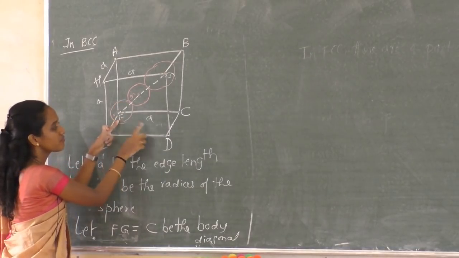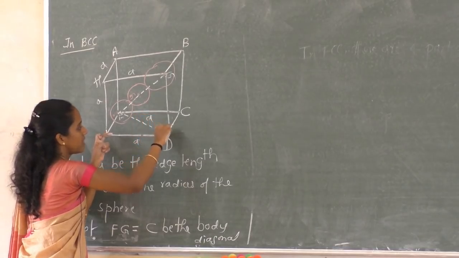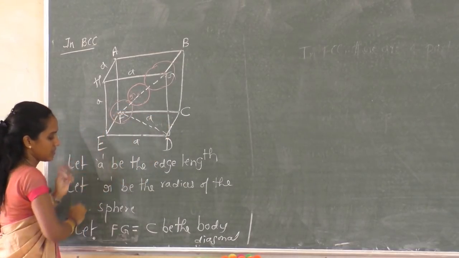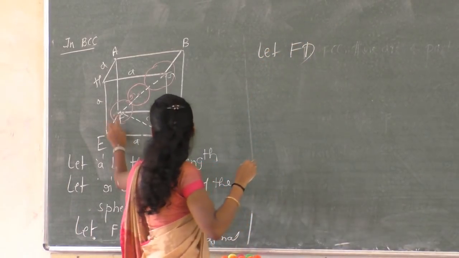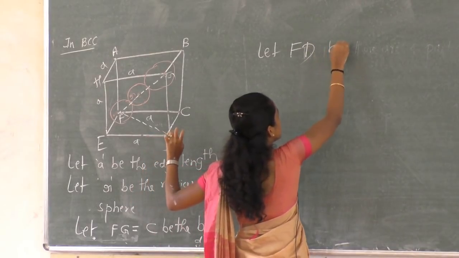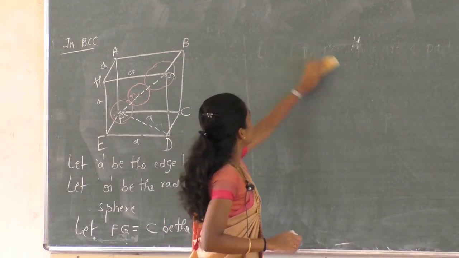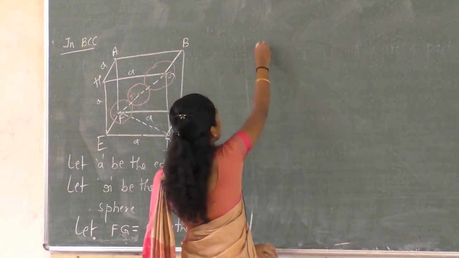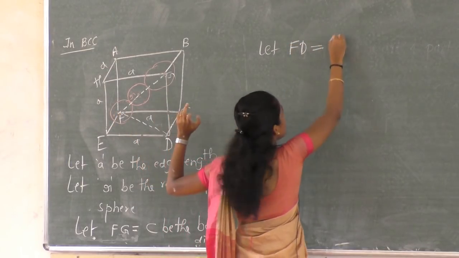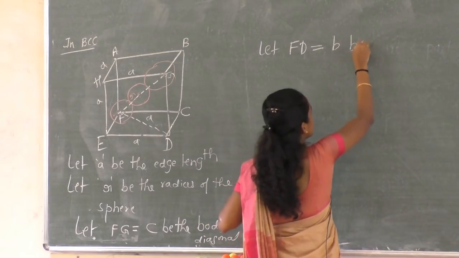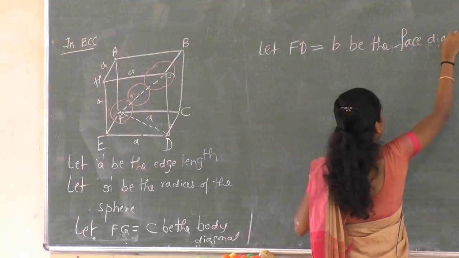I'll join F and D. Let us join the corners F and D. Let FD be equal to B, small letter B, be the face diagonal. Clear?